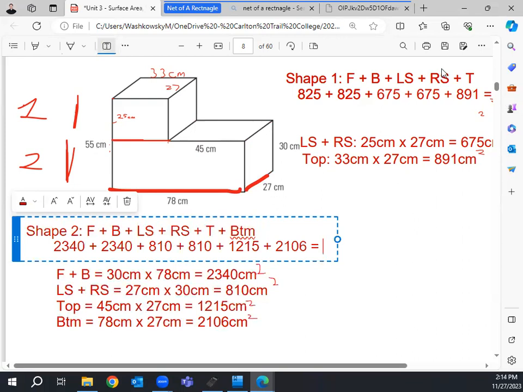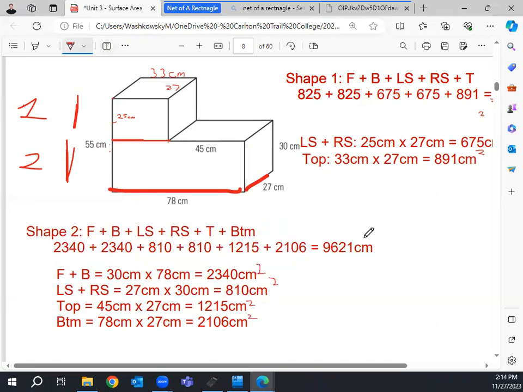Please confirm you get this number, 9,621. Okay, perfect. And again, that is just the area of shape 2.